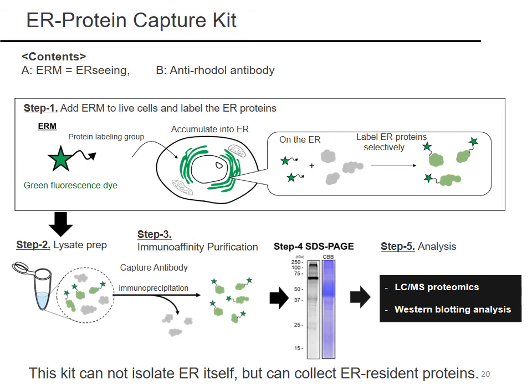After preparing the cell lysate, the green fluorescent dye-tagged proteins are selectively purified by immunoprecipitation with the antibody. Purified proteins are separated by SDS-PAGE and analyzed by LC-MS-based proteomics or Western blot. This kit allows you to purify both ER-resident proteins and ER-associated proteins, including secretory pathway proteins, with easy procedures and no special equipment.